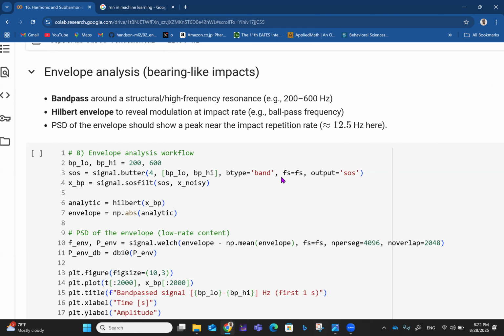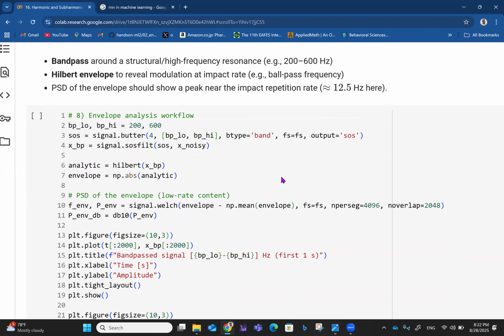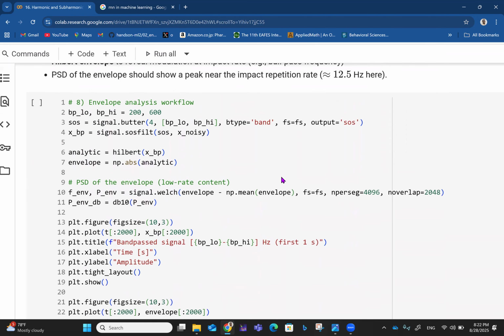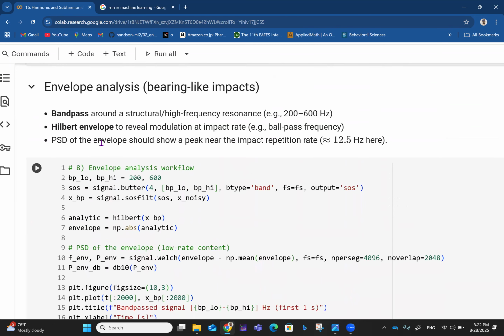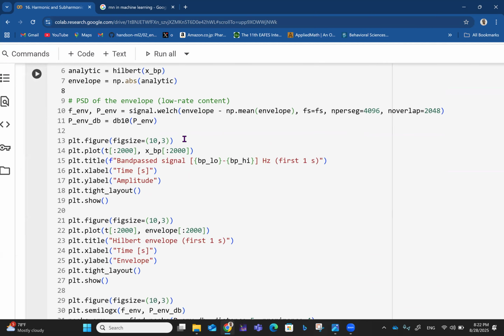The PSD of the envelope should show a peak near the impact repetition rate, which is approximately 12.5 hertz here.